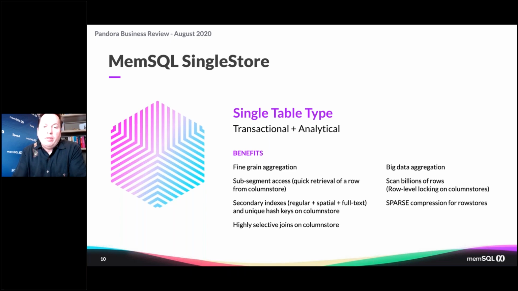Because what will be available is a single table type that supports both the OLTP or transaction type workloads, which are single lookups, typically lookups for small amounts of data, really highly selective queries and filters, as well as large aggregations that you see in OLAP sorts of workloads where you're scanning billions of rows.